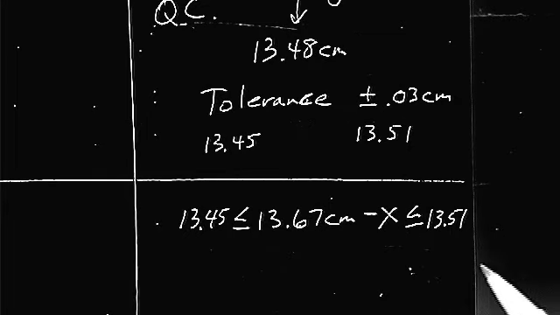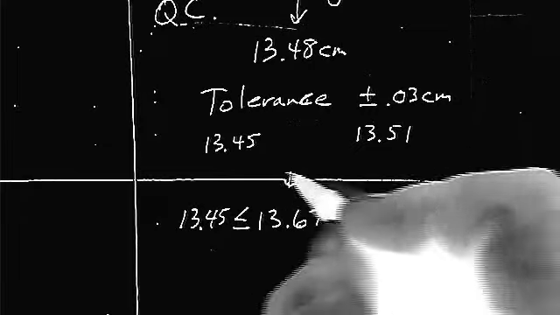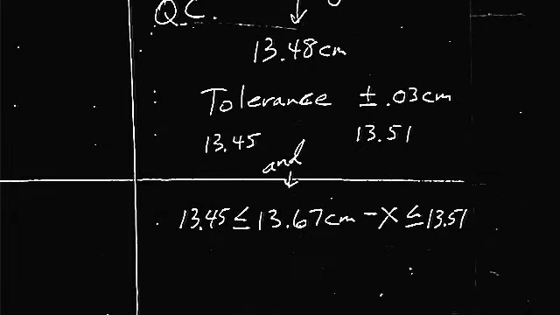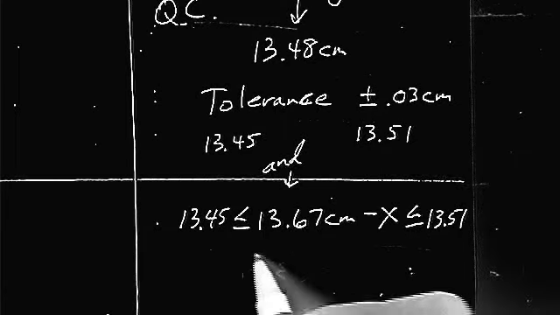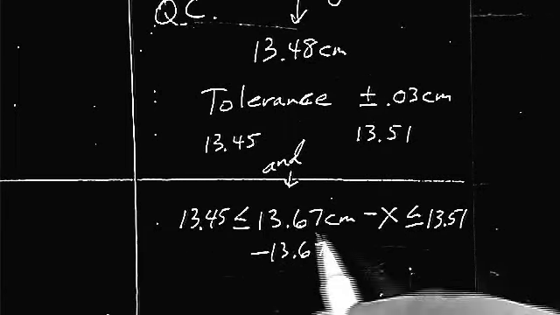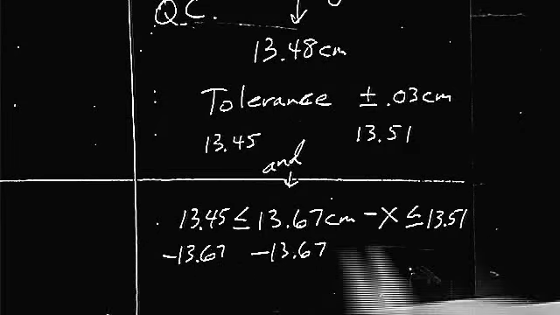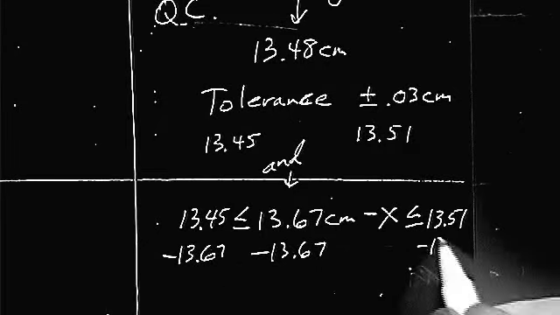Now, I don't know if you realize this, but this right here is a compound sentence using the word and. I could really write this out in two separate things and use the word and. I'm not going to because I don't need to. So, how much do I need to cut off from every one of these? So subtract 13.67, subtract 13.67, subtract 13.67.